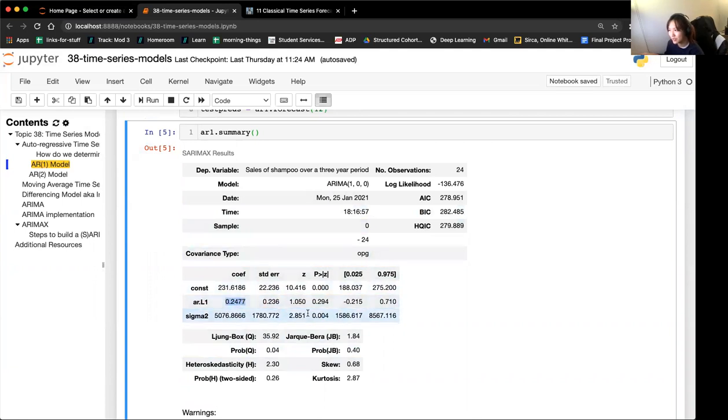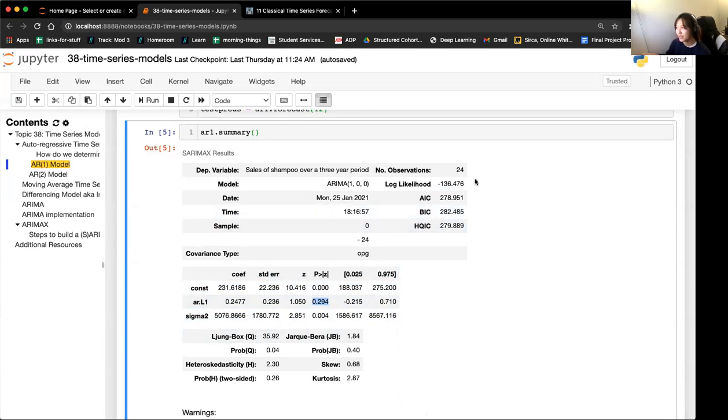This literally says that tomorrow's price will be equal to 231 plus 0.2477 times yesterday's price, or basically the price one day before. The sigma is just some overall error, so you don't have to worry about that. But you can also check your p-values, because this p-value is 0.3. This is actually not a good model to start.